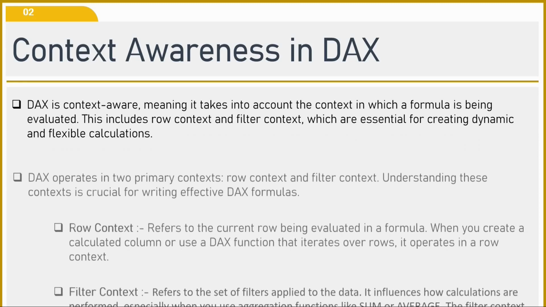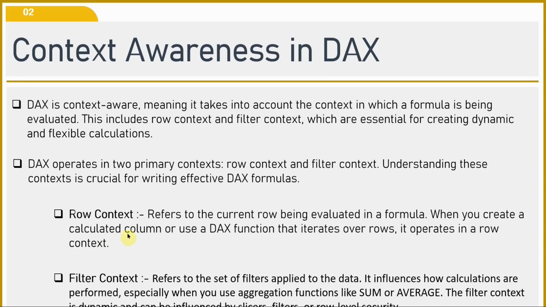To give you an example, row context refers to the current row that is being evaluated in your formula. Whenever we are creating a calculated column or a measure, if we take row context into consideration, the formula will iterate over each and every row to give us the desired output.